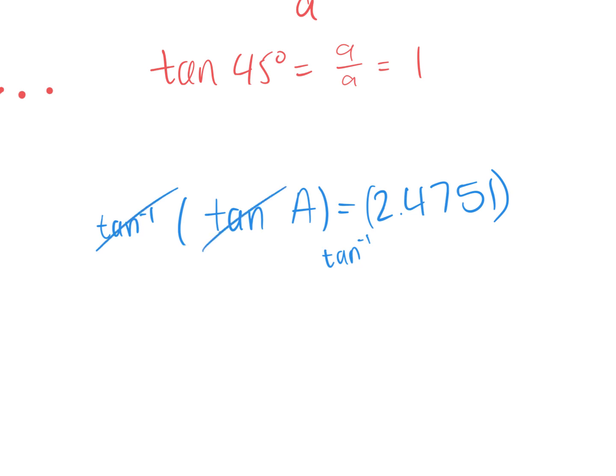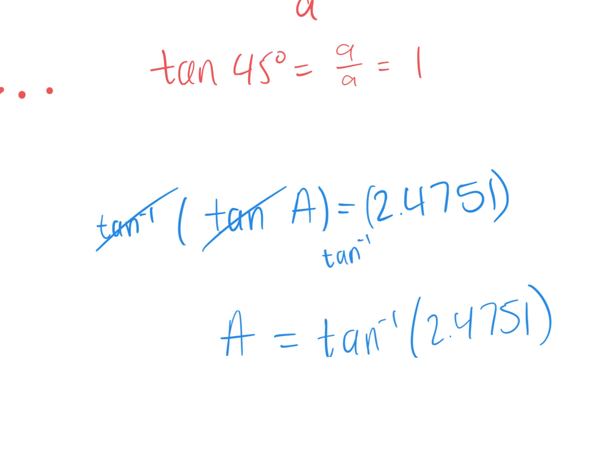They cancel out. So now on the left side of my equation, what do I have that's left over? Just A, because tan inverse is the inverse of tangent, so it cancels it out. It's like 1 over tangent. So A equals the tan inverse, or tan -1, of 2.4751.